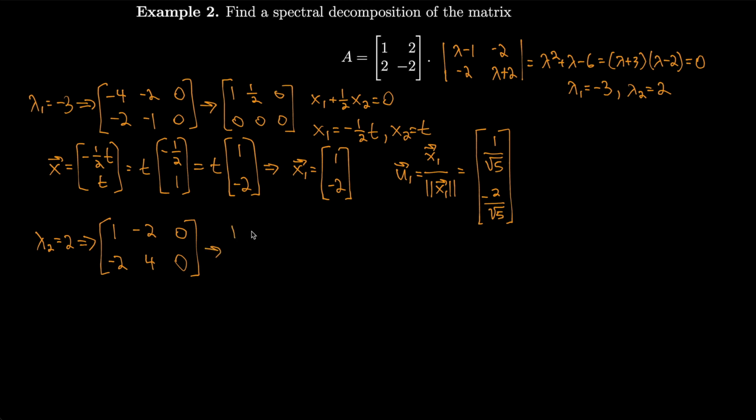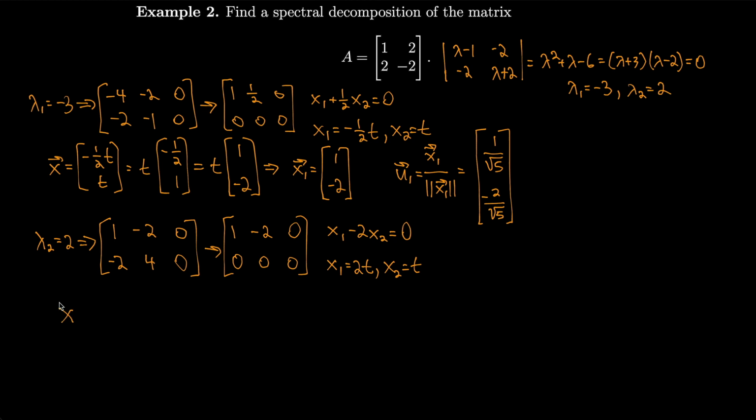We get 1, -2, 0 for the top row. Because the second one is just a multiple, it just becomes zeros. So I have x1 minus 2x2 is equal to 0. So x2 again is free, so that gives me x1 equal to 2t, where x2 is equal to t.